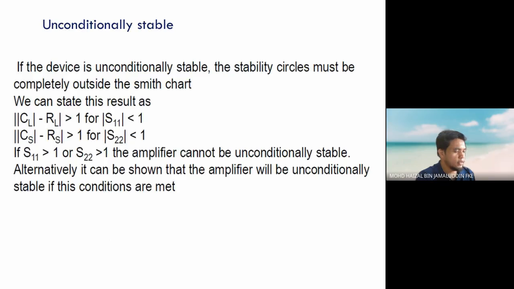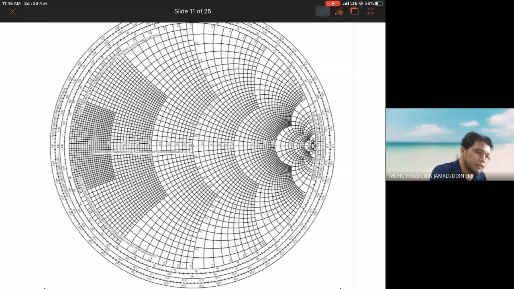So this is the Smith chart. From the Smith chart, we can draw the stability circle.